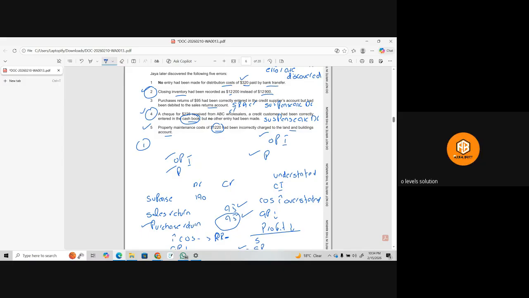Because the check we have received from the ABC wholesaler, who was the correct customer, we have entered correctly in the cash book, but no other entry we have made. So of course we have to debit the ABC wholesaler and credit the suspense account. But the thing is that this is about the trade receivables and the bank, and these two things are not relevant to the profit or loss statement.